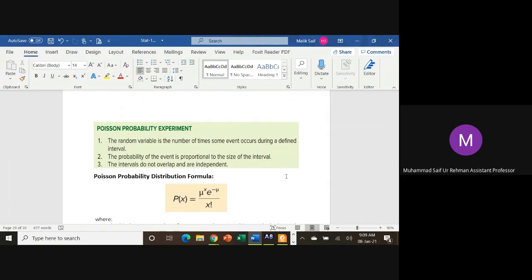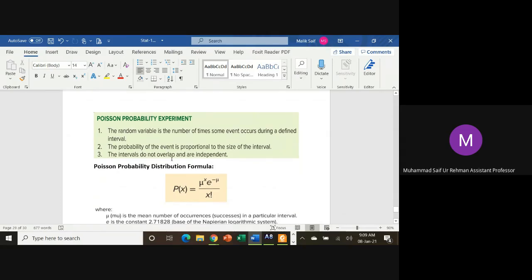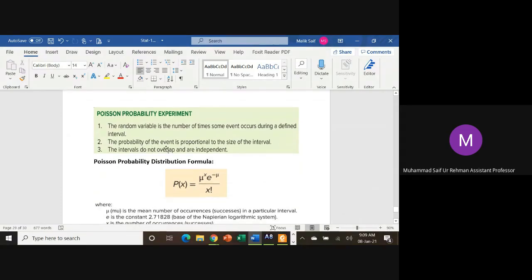So if you see the properties of the Poisson probability distribution, they are these: the random variable is the number of times some event occurs during a defined interval. Second property or characteristic is this: the probability of the event is proportional to the size of the interval. The intervals don't overlap and are independent.